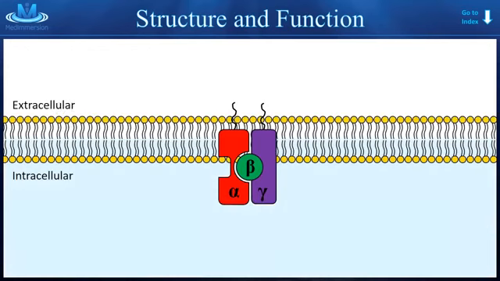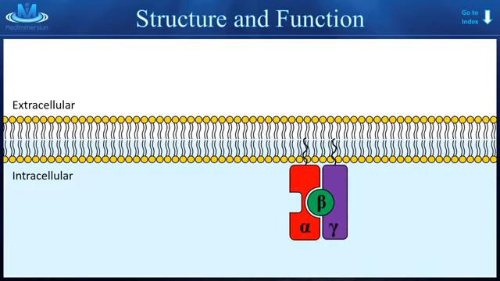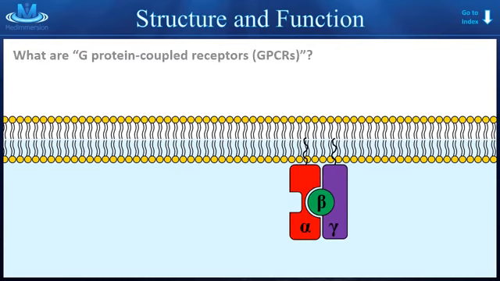These G proteins live on the intracellular side of the cell membrane and are attached to the cell membrane itself by lipid anchors. So the next thing for us to talk about is to define what are the G protein coupled receptors.